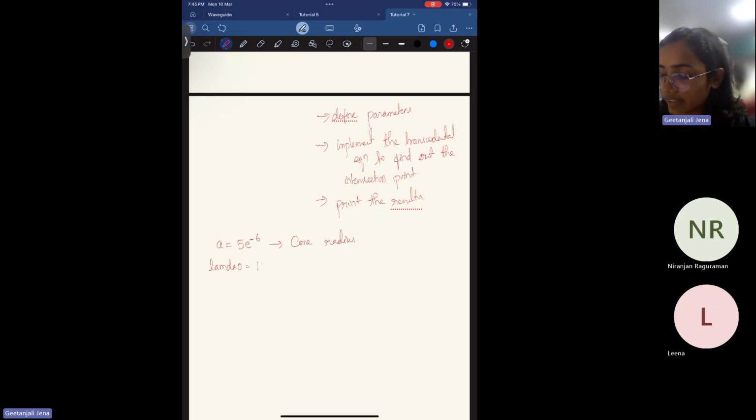You can write it as 1400 e to the minus 9. And you can write the comments: this is core radius, this is free space operating wavelength.